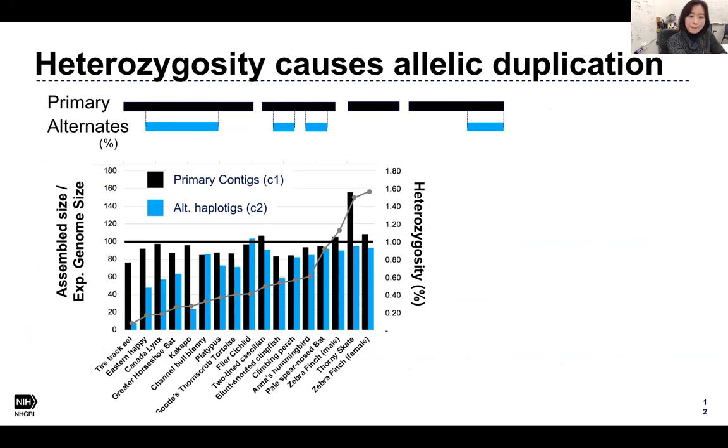But sometimes if the genome is too diverse, which means the two sister chromosomes are highly different, Falcon detects them as unique parts of the genome and puts them in the primary set.